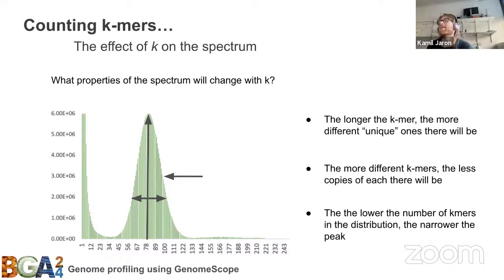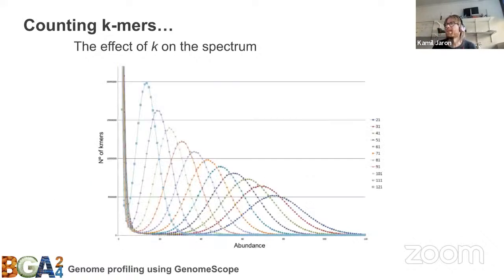The sequencing variation actually does relate to K, but I would say it's not that trivial. Okay, I got it. This is the very same data set, just run on lots of different Ks, simply to demonstrate how it works. You see that for a very high K, it has low coverage.